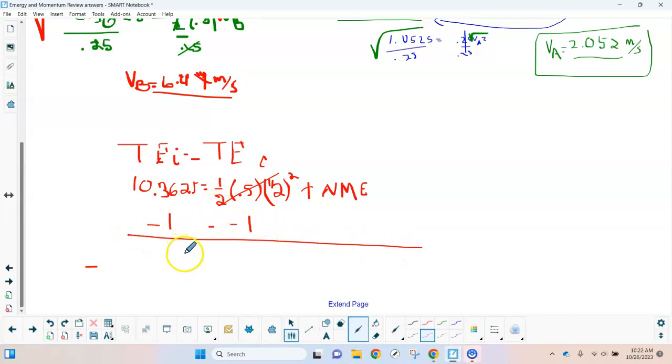So the amount that the non-mechanical energy is, is 9.3625 joules.